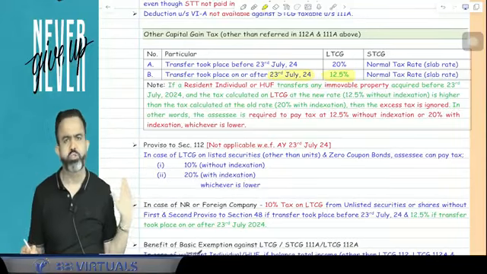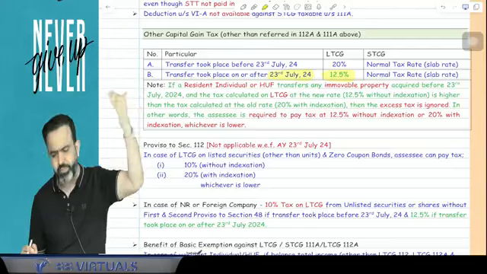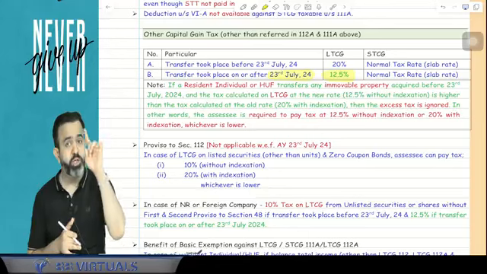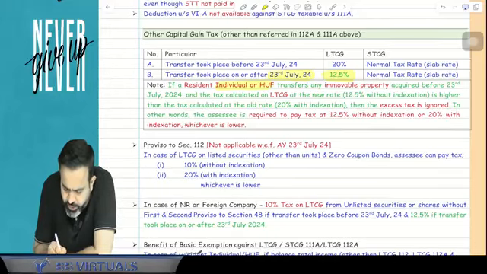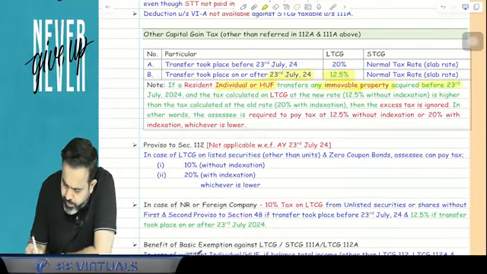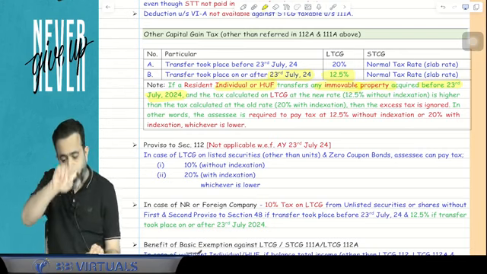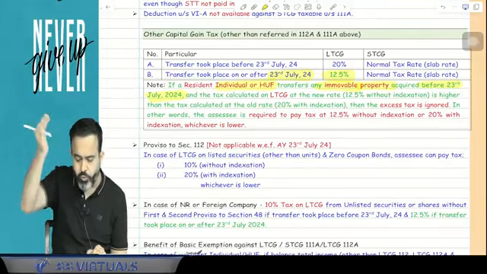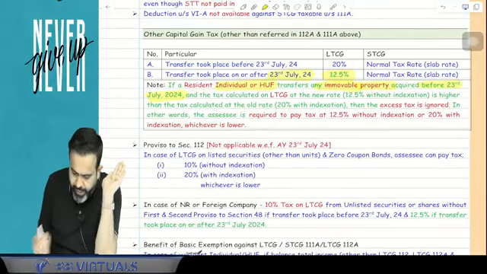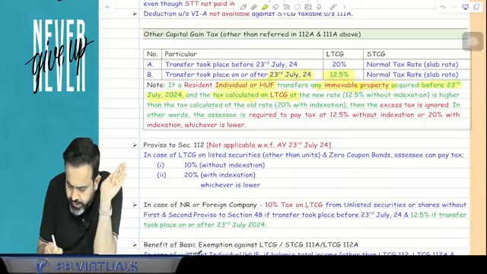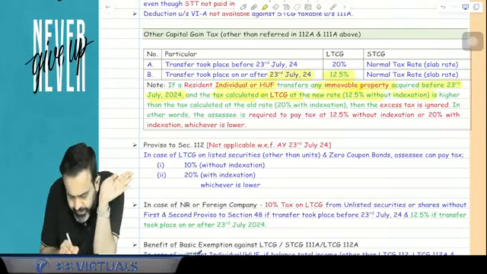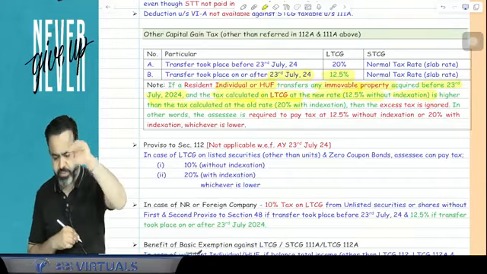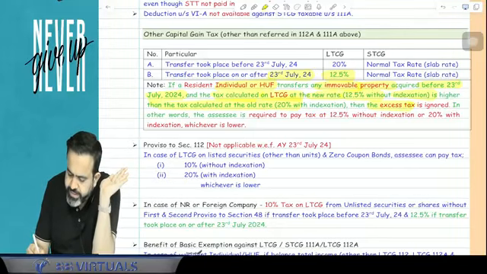That we have already discussed in the first topic also. Normally, long-term capital gain, earlier it was 20%. Now the tax rate is 12.5%. But here one note is given. This note says that if a resident individual or HUF transfers any immovable property acquired before 23rd of July 2024, and the tax calculated on LTCG at the new rate, that is 12.5% without indexation, is higher than the tax calculated as per the old rate, that is 20% with indexation, then the excess tax is ignored.